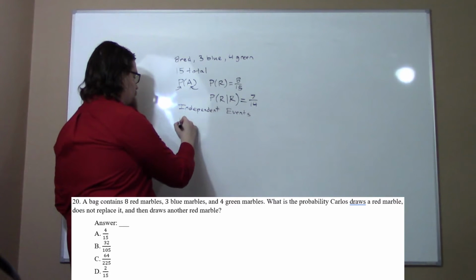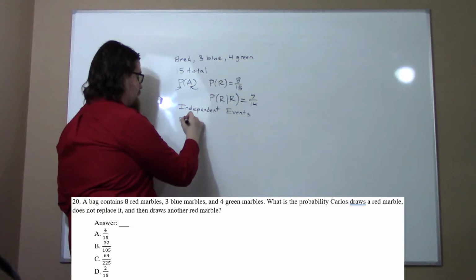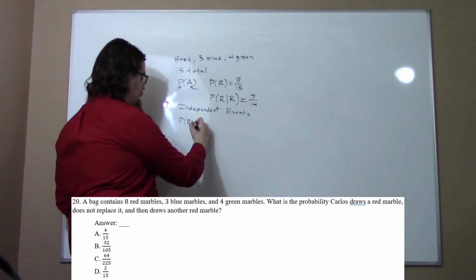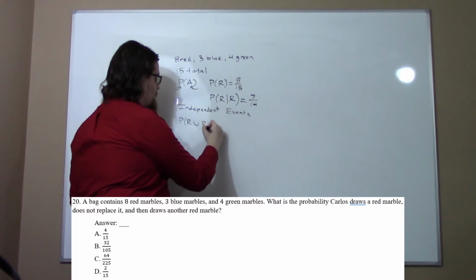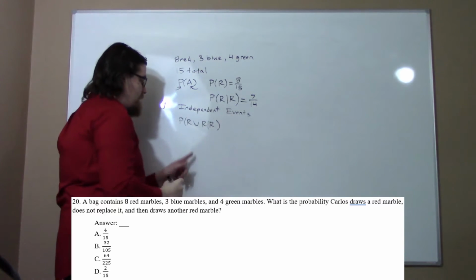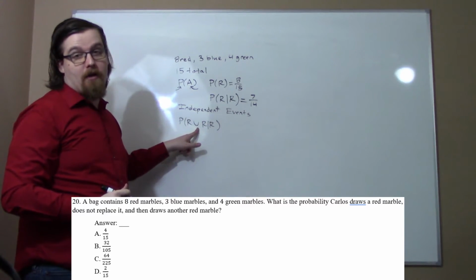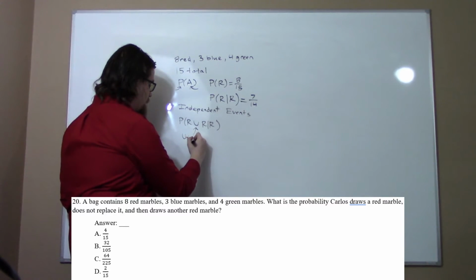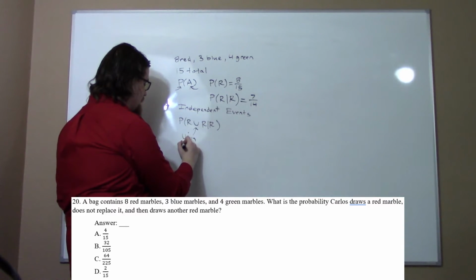So the probability that we get red and that we get red given that we've already drawn red. Here we use the sign ∩ for an intersection, which you can just think of as and.